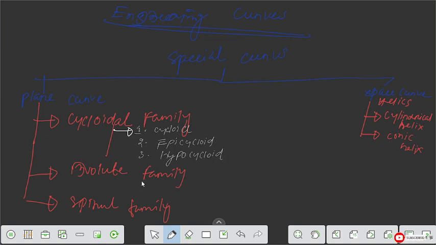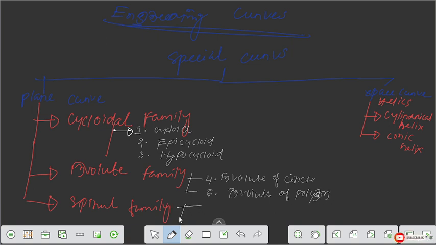Next, involute is further divided into two types: involute of circle and involute of polygon.